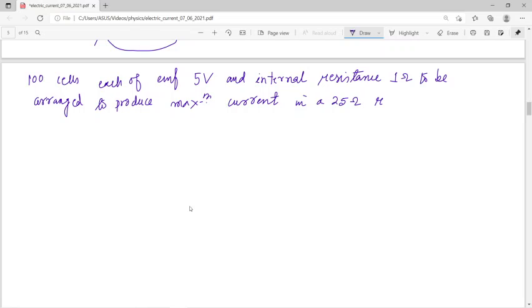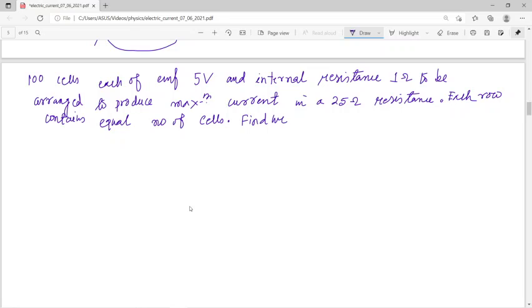in a 25 ohm resistance. Each row contains an equal number of cells.